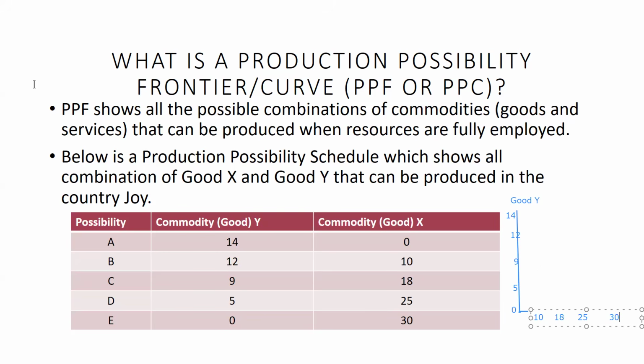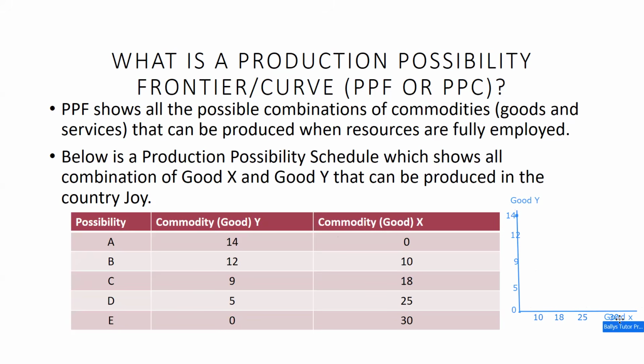This is how you're going to plot your graph. Point A is when good Y is 14 and good X is 0. So you're going to look for the point on the graph that's in line with 14 for Y and 0 for X, which will be here.